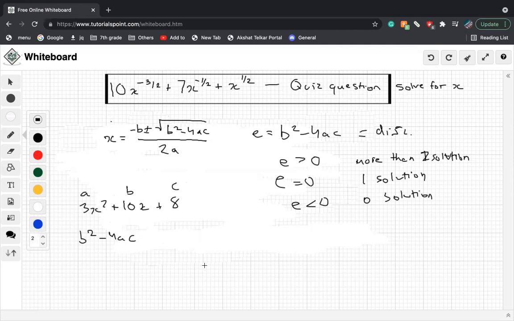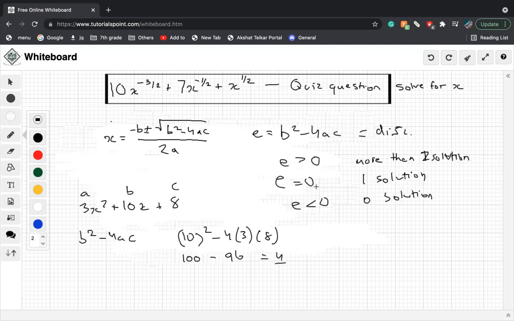Now you're going to go b squared minus 4ac. This will be 10 squared minus 4 times 3 times 8. I'll give you 100 minus 12 times 8. If you guys know that, it should come off the top of your head. It's 96. This all equals 4, right? And the square root of 4 actually gives you a 2.